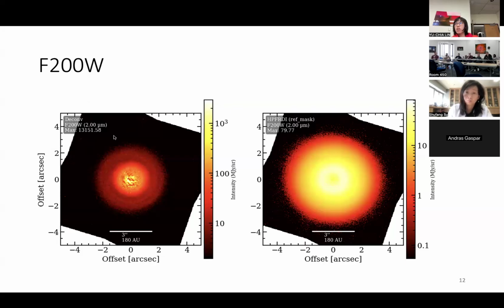One key thing here is this is a coronagraph, which has a changing PSF from the center outward. Everything in the center is super suppressed by the coronagraph, and the deconvolution method takes that into account and brings back the original flux that was there.